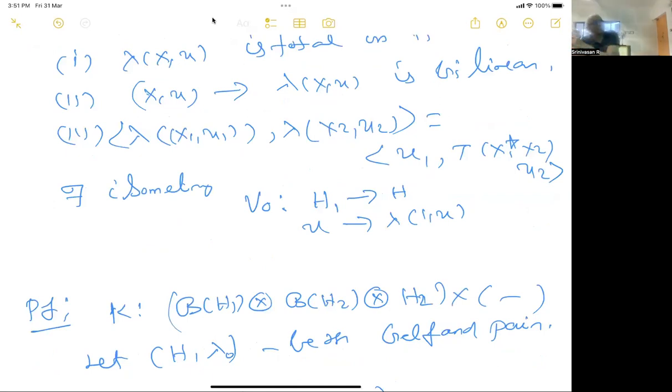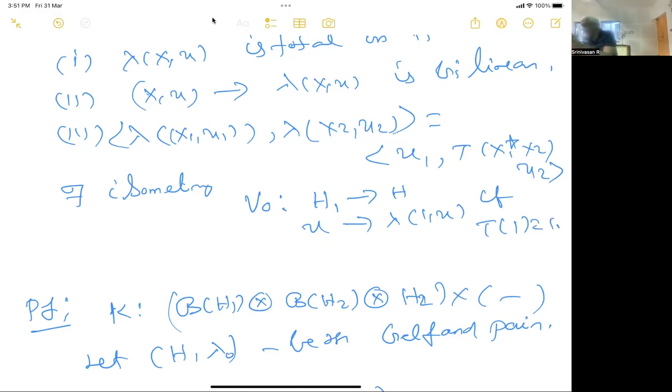Look at that inner product: you take X1 equal to X2 equal to 1, then lambda 1 U1, lambda 1 U is U1, and T of 1 has to be 1. It's unital if T of 1 is 1. We don't assume unital in all cases, but whenever the specific requirements are there, we'll write it.